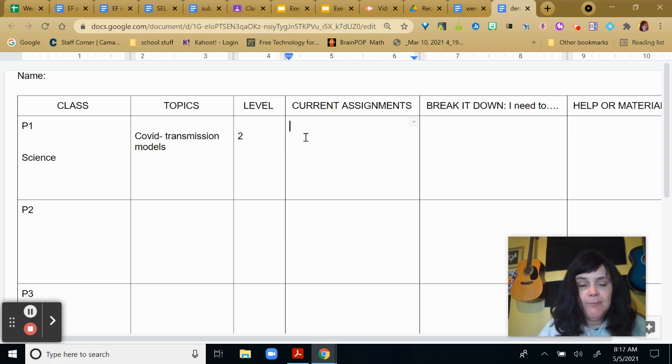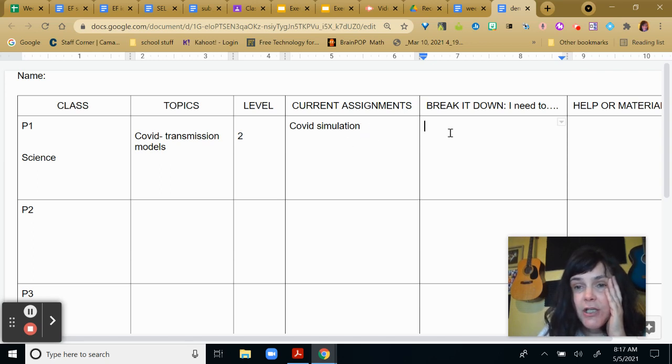Current assignments. So current assignments are the COVID simulation. Okay. Now here's also where it gets different. Break it down. So if you have the COVID simulation, and maybe you have more than one assignment, break it down.